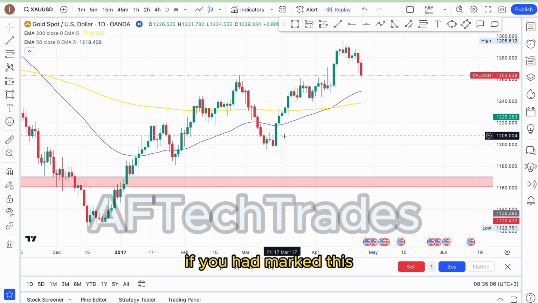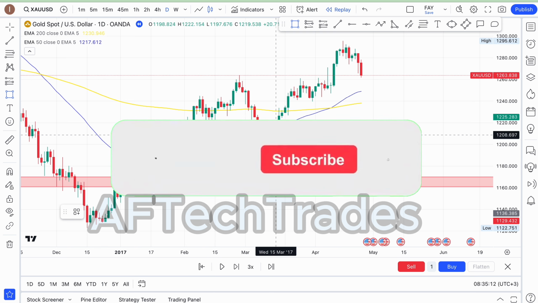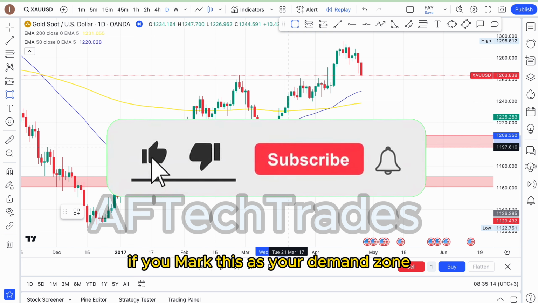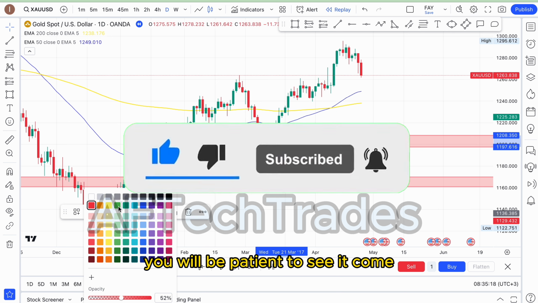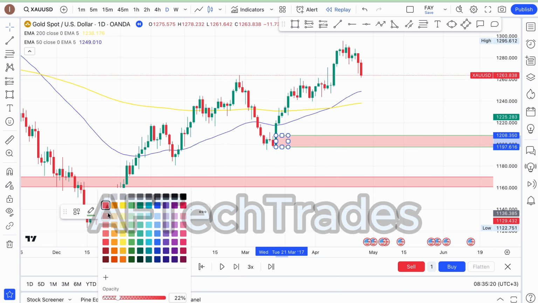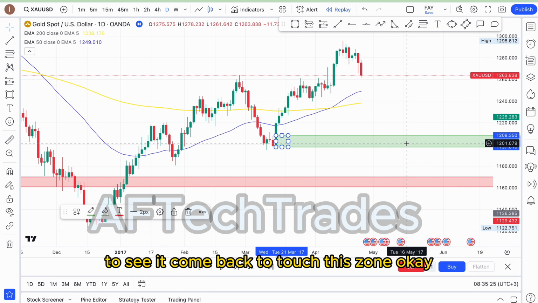So in this case, if you mark this as your demand zone, you will be patient to see it come back to touch this zone.